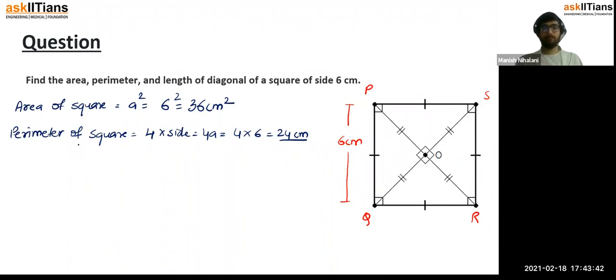Now the very interesting thing is we have to find the length of the diagonal. What do we mean by diagonal? Diagonal is PR. Of a square, there are two diagonals: one is PR, the other one is QS.